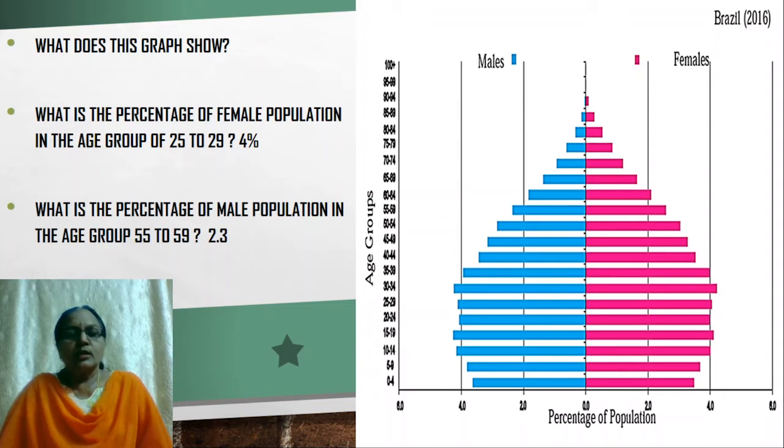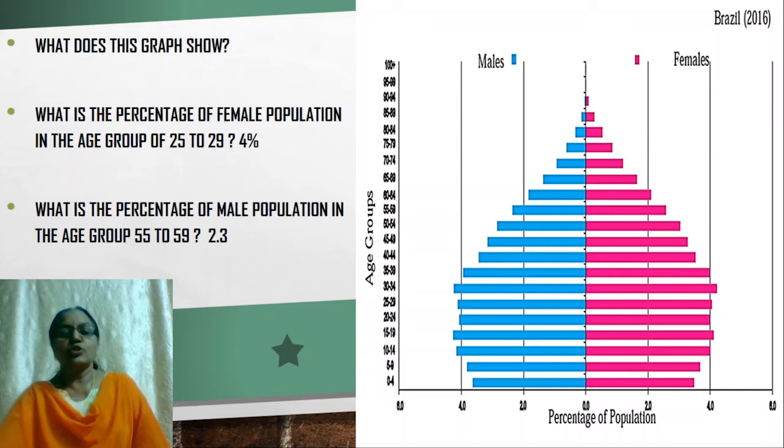Next is, what is the percentage of female population in the age group of 25 to 29? Okay, so it says female population in the age group of 25 to 29. So on the y-axis, find the age group 25 to 29 and take it up to the female population.